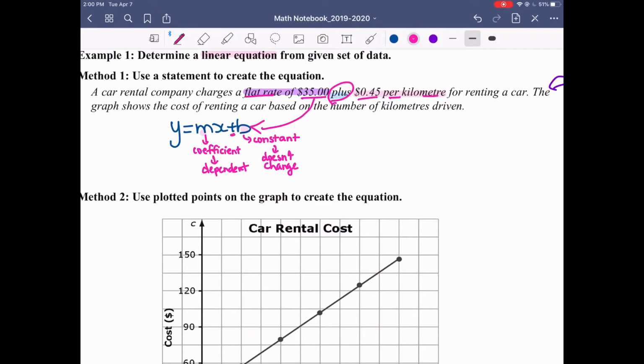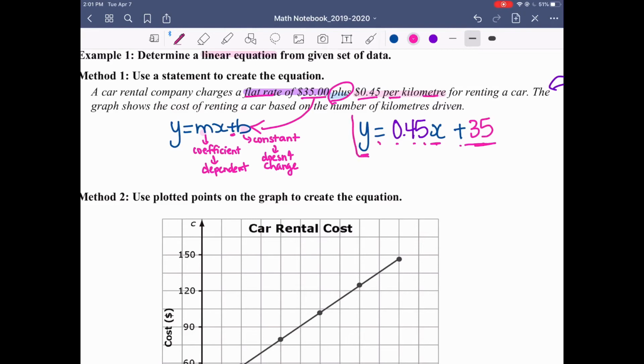So if we redo this equation, y is equal to, the m would be 0.45, x stays the same, and then plus the constant would be $35. So the rental cost would equal 45 cents per kilometer, which is x, plus a $35 flat rate that you have to pay no matter what.